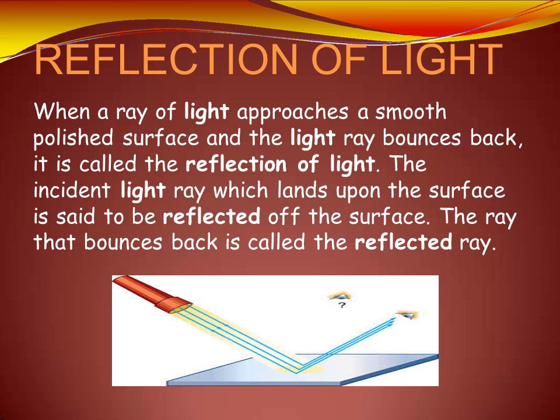The incident light ray which lands upon the surface is said to be reflected off the surface. The ray that bounces back is called the reflected ray. We will talk more about reflection of light in our next slide. Simply, when light approaches a smooth surface, it is reflected back.